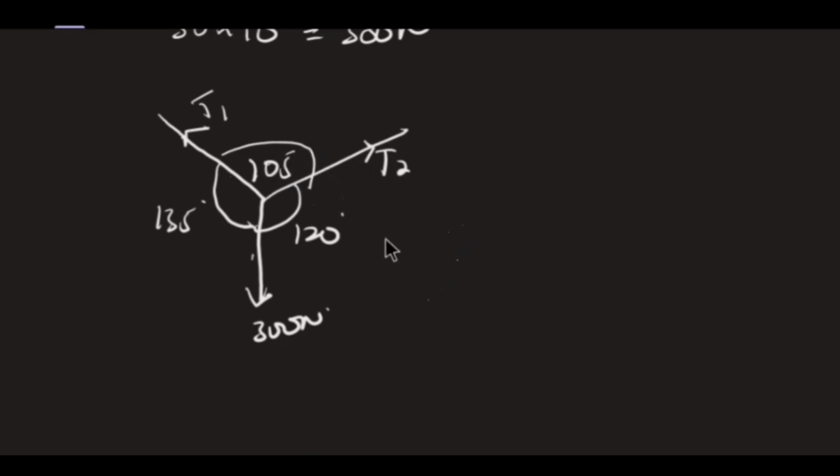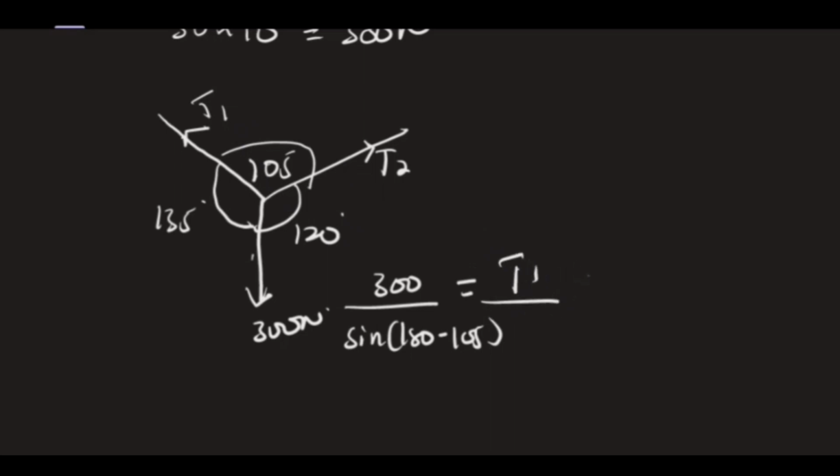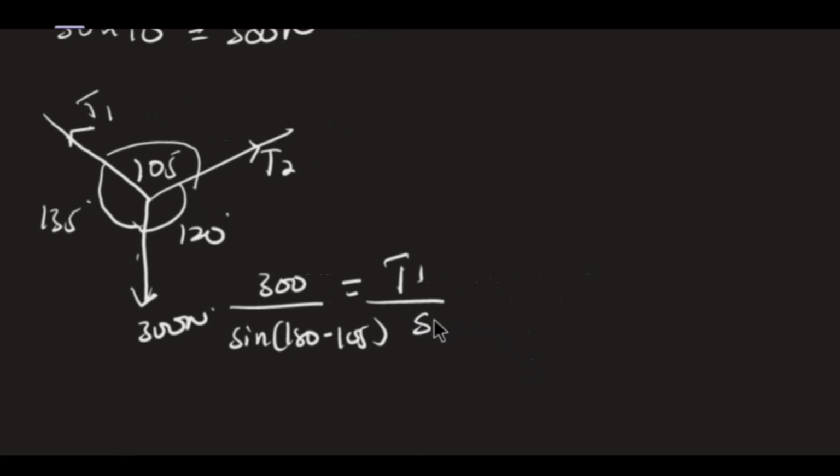Now we apply Lami's theorem to get our T1 and T2. If I take the known one, it will help me to get the unknown. So 300 over sine of 105, that is the opposite angle, so 300 over sine of 180 minus 105 should be equal to T1 over sine of 180 minus 120.